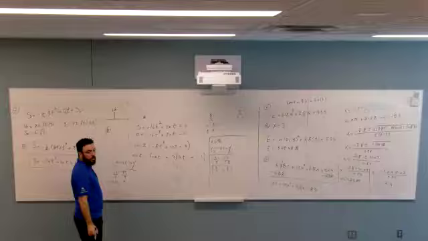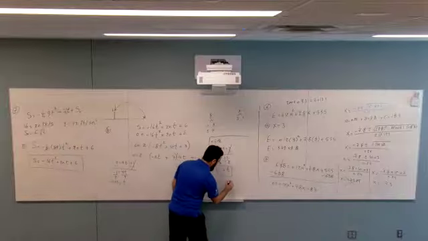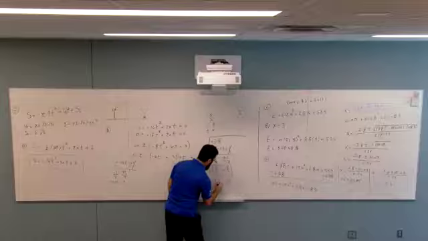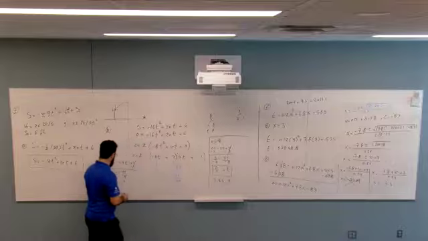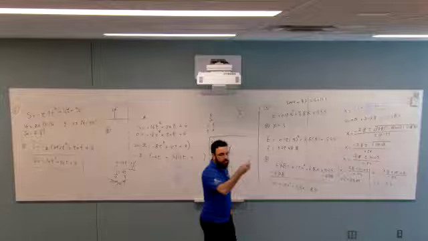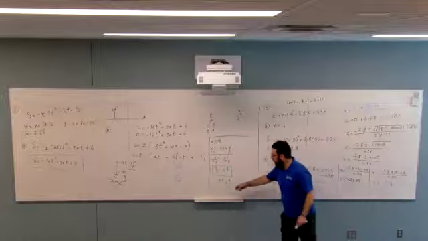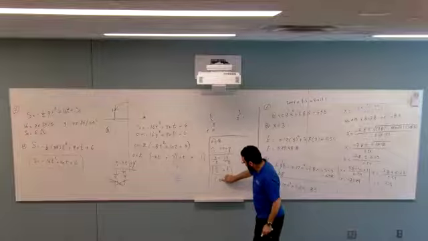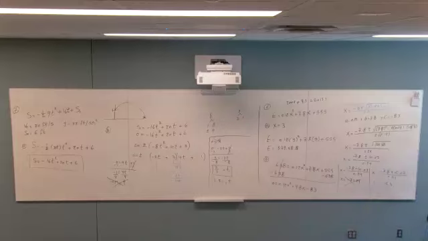Which one is the right one? Negative 0.25 or 1.5? It's negative; there is no negative time. When you throw the arrow, time should be positive. So we're going to go with the other one, which is 1.5 seconds. Is that okay?